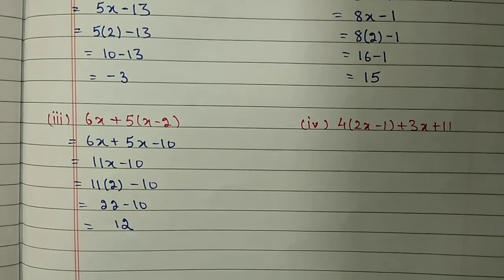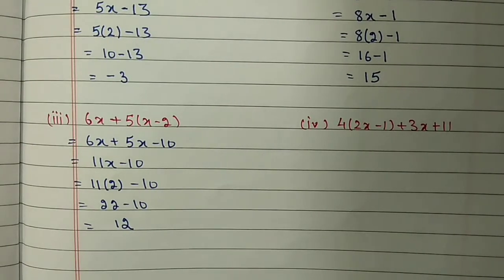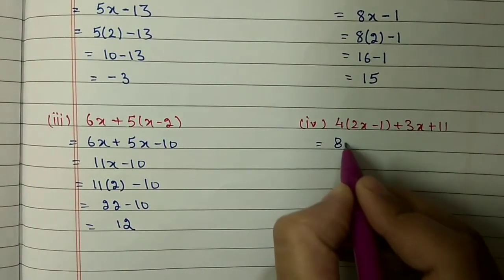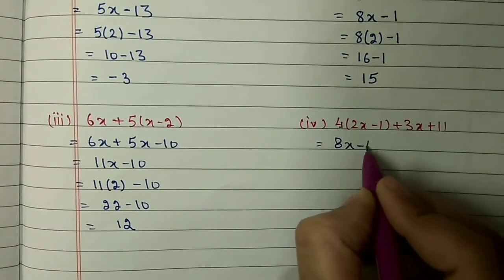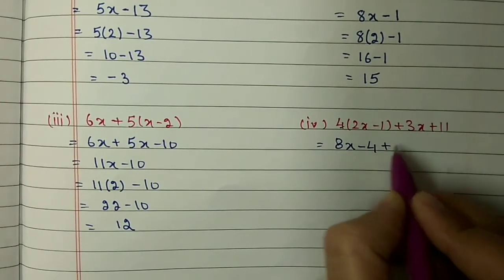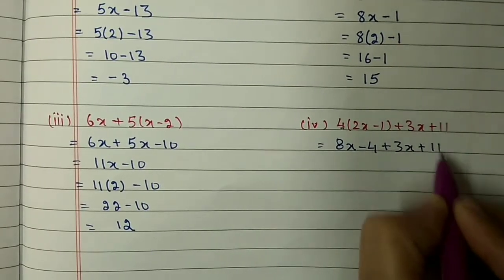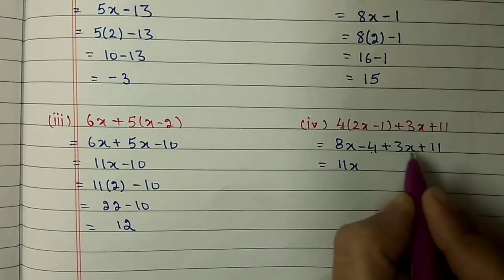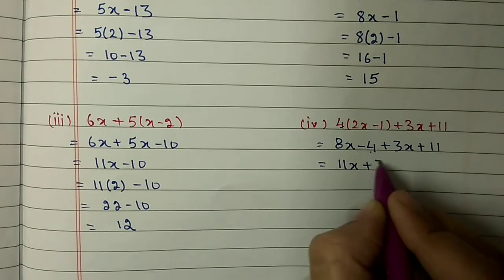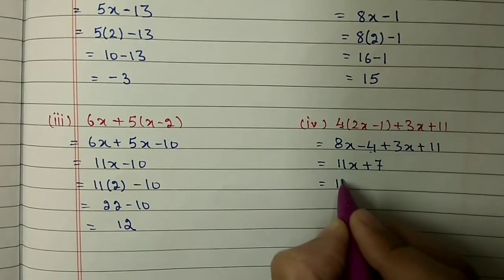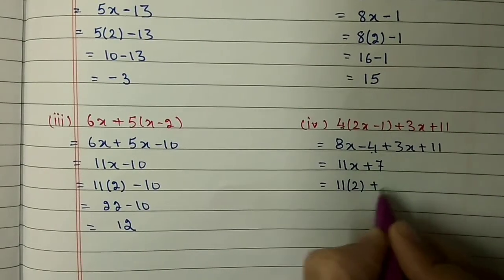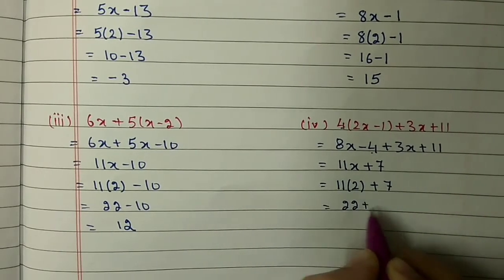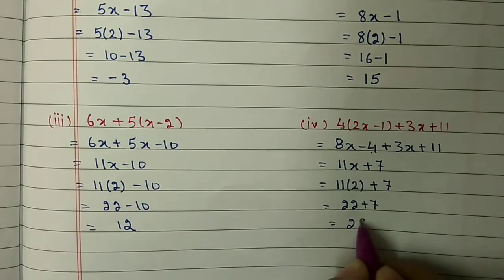Fourth part, 4 into 2x minus 1 plus 3x plus 11. So 4 into 2 will become 8x, and 4 into 1 will become minus 4, plus 3x plus 11. Now 8 plus 3 will become 11x, minus 4 plus 11 will become plus 7. Now substitute the value. 11 into 2 plus 7. 11 into 2 will become 22, and plus 7 is equal to 29.